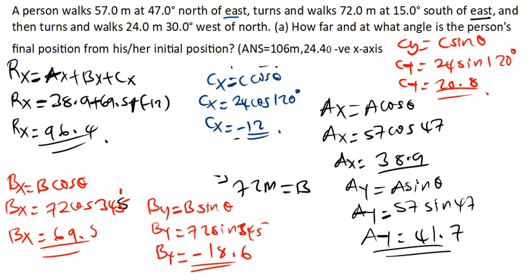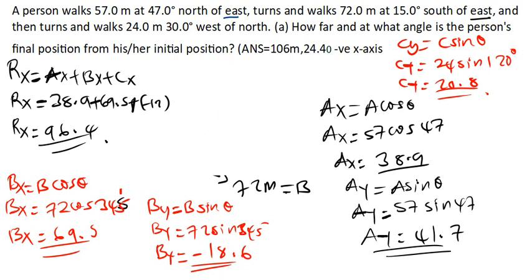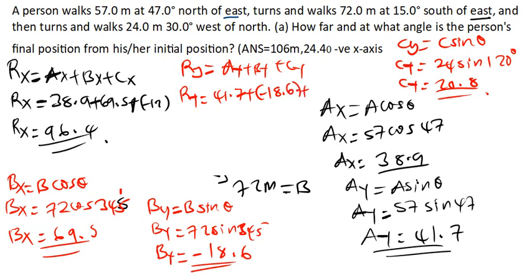Then I need to go now in y. My Ry will be the result of Ay plus By plus Cy. Ay is 41.7, By is negative 18.6, plus Cy is 20.8.